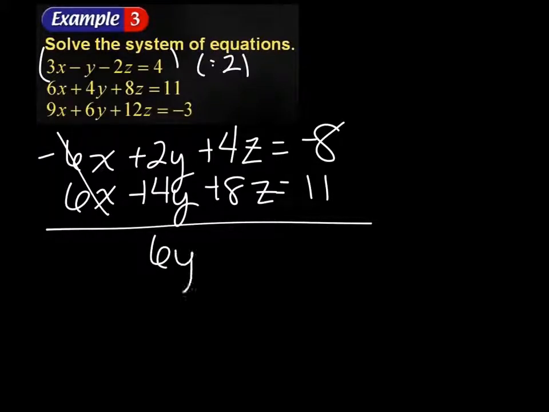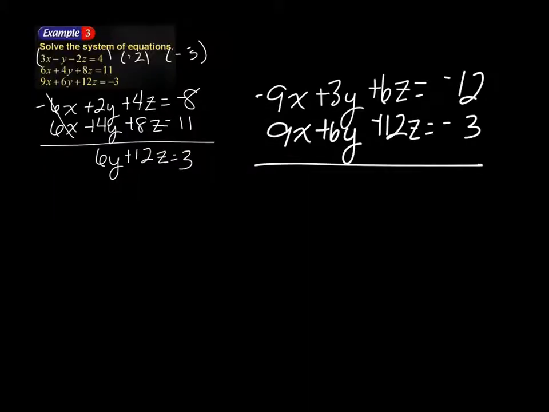I've got 6y plus 12z equals 3. And then if I take the first equation times negative 3, I get negative 9x plus 3y plus 6z equals negative 12. Add straight down, the x's drop out, so we've got 9y plus 18z equals negative 15.